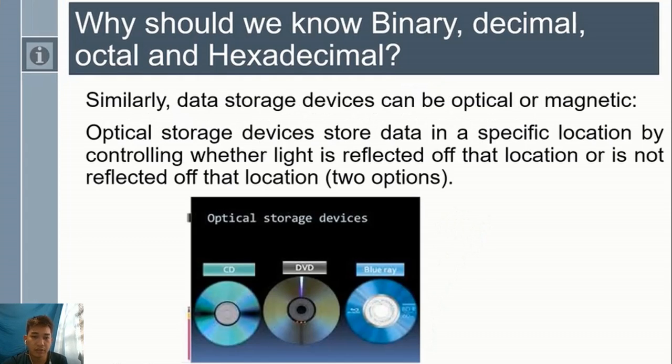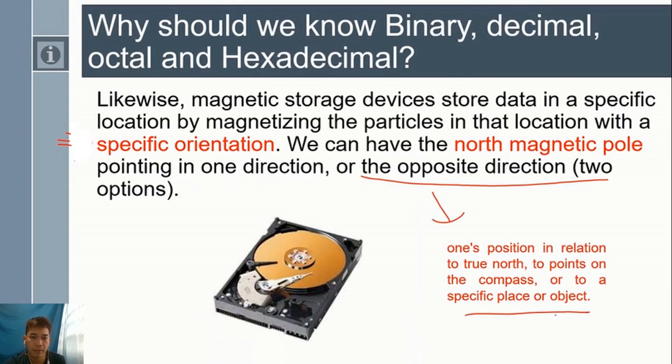Okay, sa data storage devices, meron tayong optical or magnetic. Sa optical storage, data in specific locations controls whether light is reflected off that location or is not reflected off that location. So ang storing of data sa optical storage, meron pa rin siyang dalawang options. Okay, how about sa magnetic?